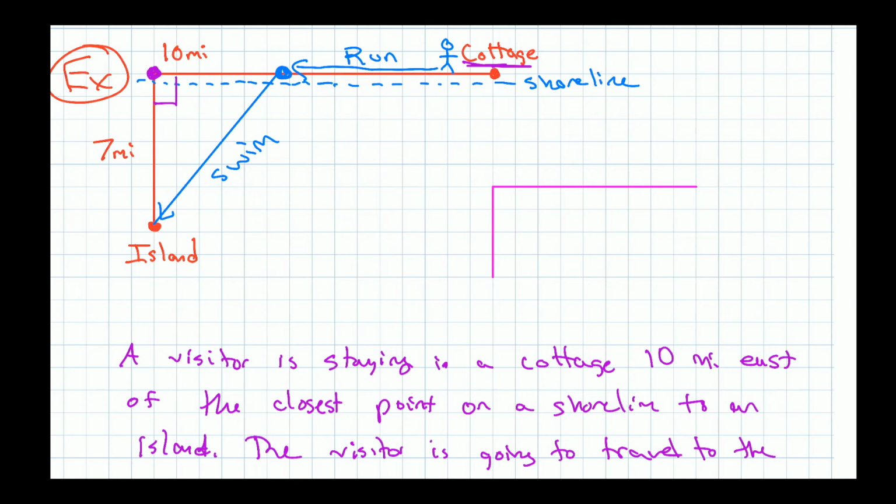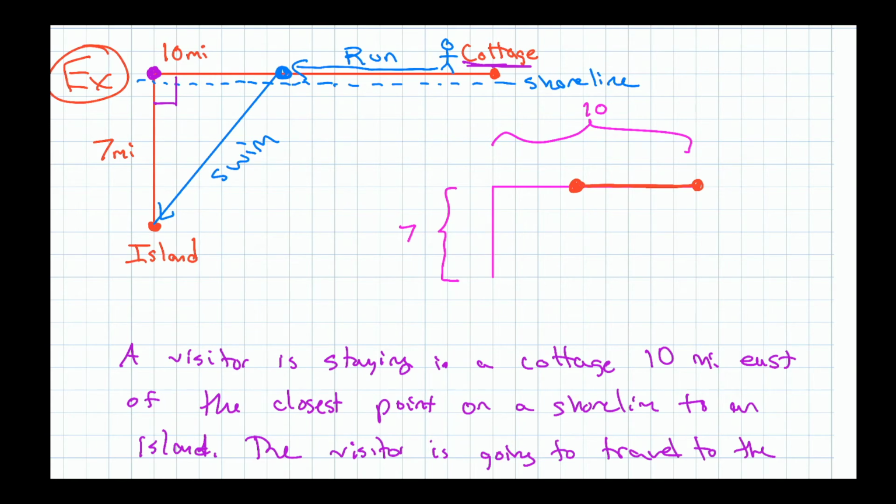Okay, so here's my picture. So remember, this is 7. This is 10. Okay, now we have a couple of measurements here. We need to label them with some kind of variable. So remember, you're going from here to some point down here. Now, I don't know how far that distance is, right?